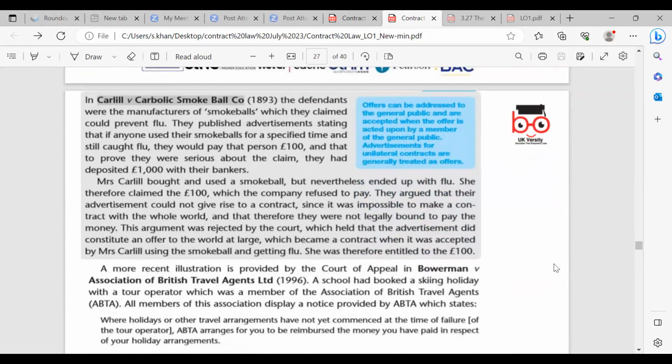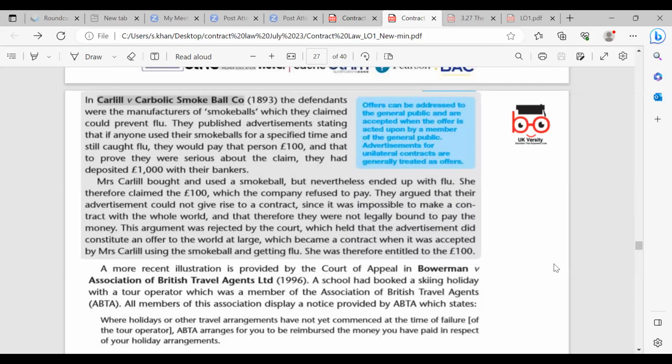They published an advertisement stating that if anyone used their smoke balls for a specific time and still caught the flu, they would pay that person £100, and to prove they were serious about the claim, they deposited £1,000 with their bankers. Mrs. Carlill bought and used a smoke ball, but nevertheless ended up having the flu. She therefore claimed the £100, which the company refused to pay.